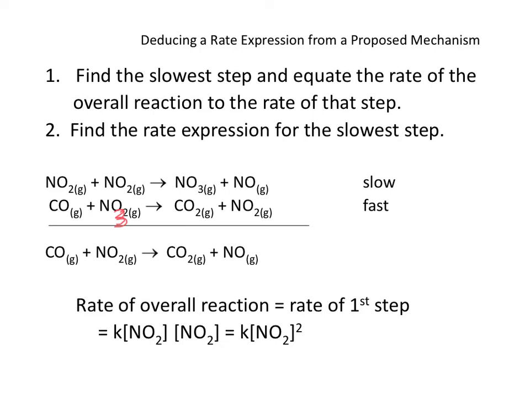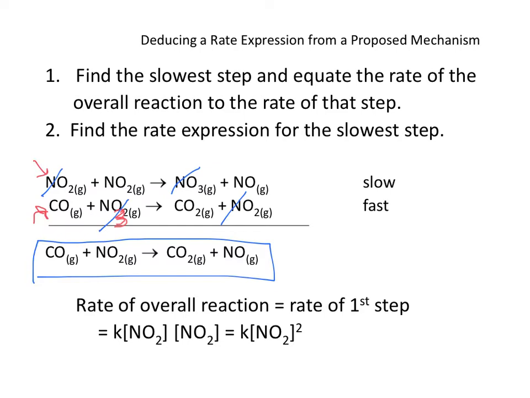So let's see if we can apply that on something that we saw a couple minutes ago. I have an equation, NO2 plus NO2 gives you NO3 plus NO. Carbon monoxide reacts with that NO3 to give you CO2 and NO2. So hopefully you can see that the NO3 and the NO3 are going to cancel off. One NO2 is going to cancel off. When you add, this is your overall reaction.